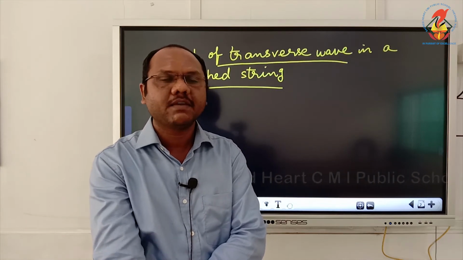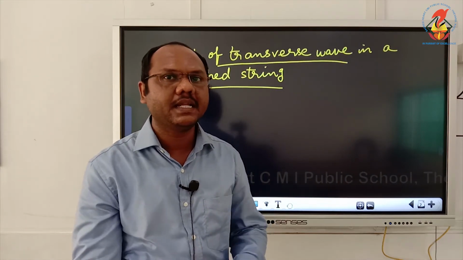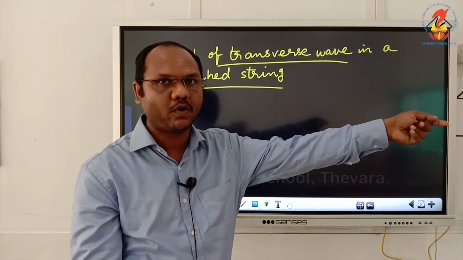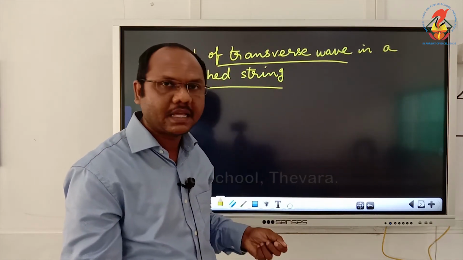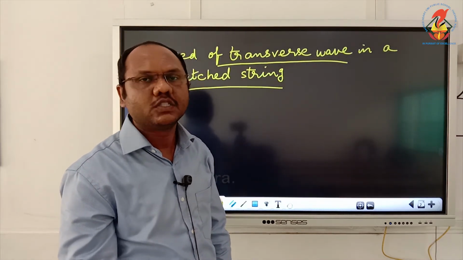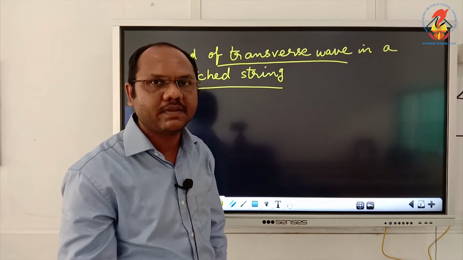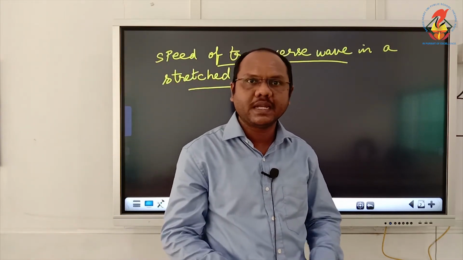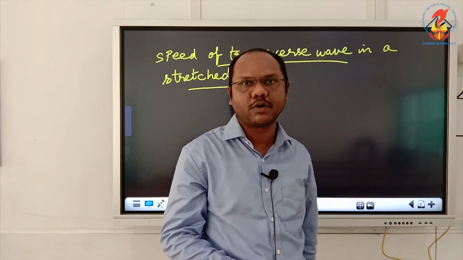So, stretched string we already studied: a man is fixing a rope on one end and keeping the other end, and then when he pulls it, a wave will be produced. So, that is a transverse wave in a stretched string. Or think about the string of a guitar, when we pluck one end, the waves are produced.